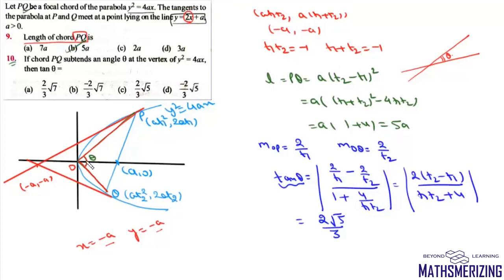Now we know that latus rectum makes an angle around 120 degrees. So any other focal chord will make an angle which is again an obtuse angle. So this angle will be an obtuse angle, and if the angle is obtuse, then in that case value of tan theta should be negative. So it should be minus 2 root 5 by 3, and that's your option number D.